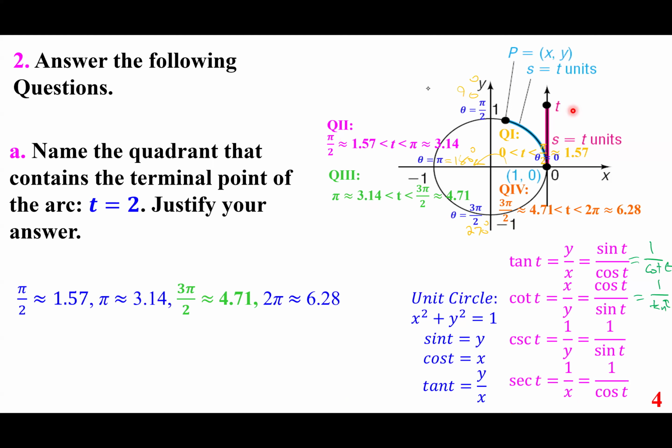So quadrant 1, quadrant 2, quadrant 3, quadrant 4, just like a basic graph, a grid. And in this case it is between 4.71 and 6.28. And we want t equals 2. Where does it fit? It fits between these two. So the answer is quadrant 2. Just wanted to make sure that it is explained with details.